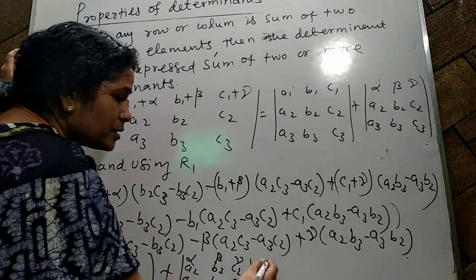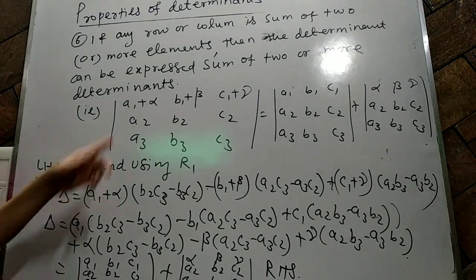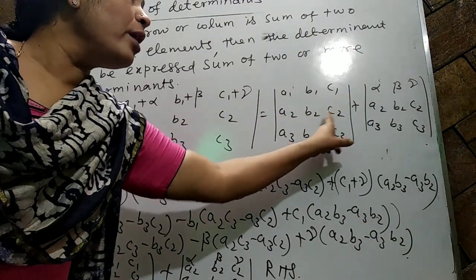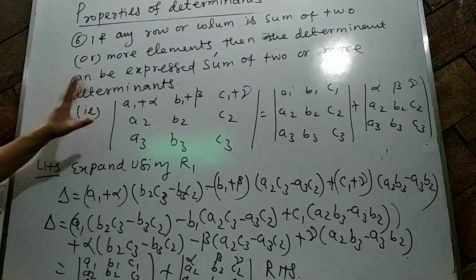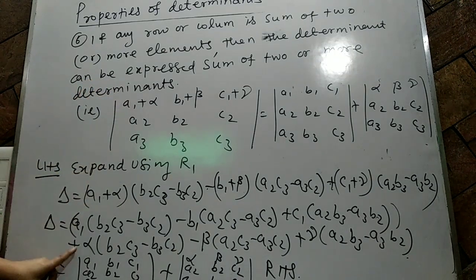So I have taken the LHS and I am getting the RHS. So what the property is saying: if any row or any column is a sum of two or more elements, then the determinant can be expressed as a sum of two or more determinants. With the help of R1 I opened it, then simplified, then wrote it in the form of determinants, and I am getting the RHS.